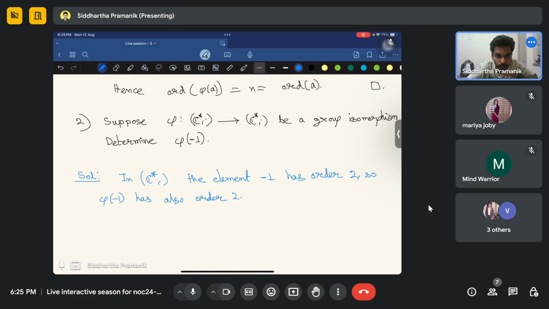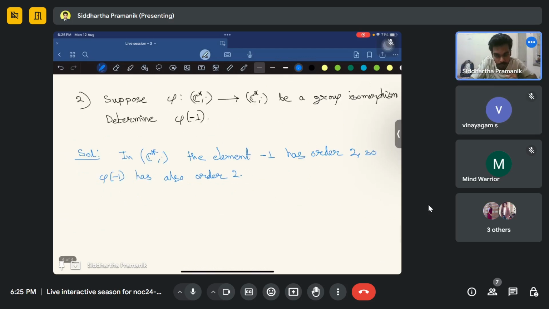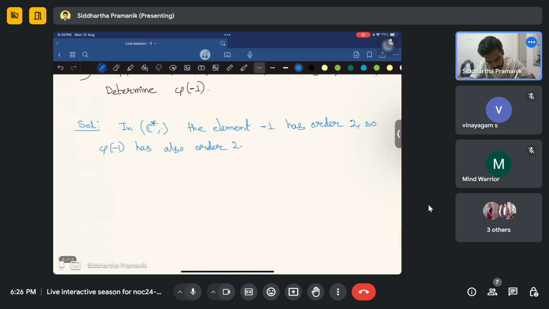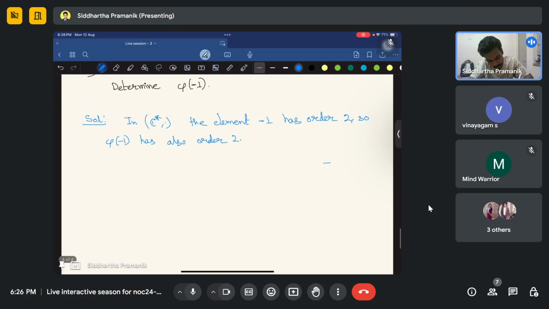Can you answer now? Yes, exactly. So in C star, there exists only one element of order 2, because if Z belongs to C star and has order 2, then Z square should be the identity element, right? And which is 1.